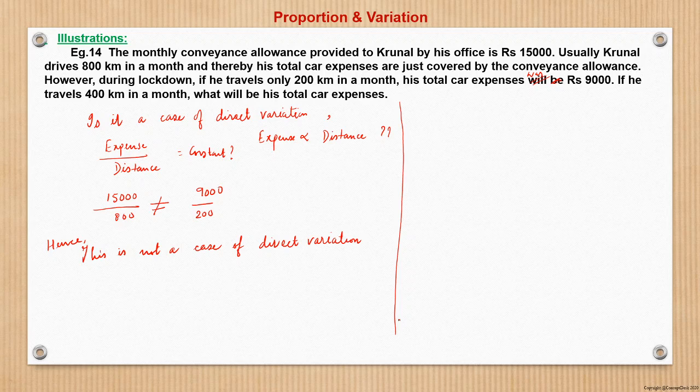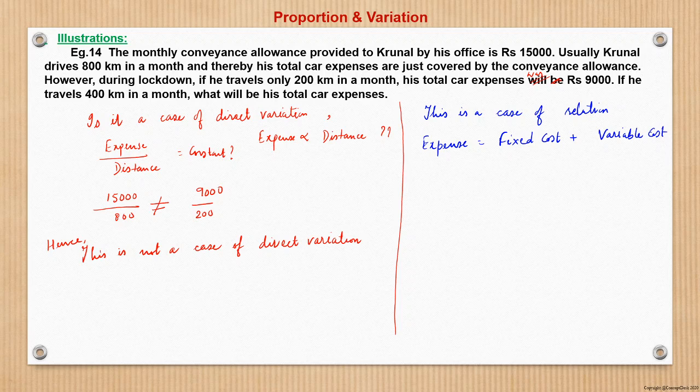Sorry, not indirect variation, this is a direct relation. This is a case of a relation wherein total expense is nothing but some fixed cost plus some variable cost, right?